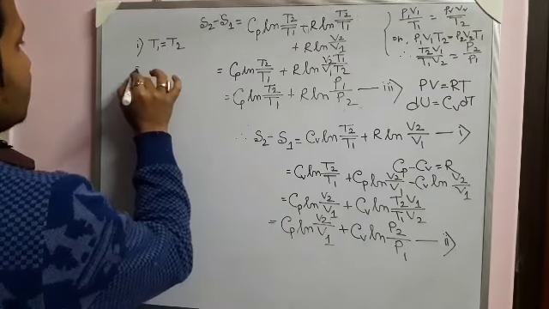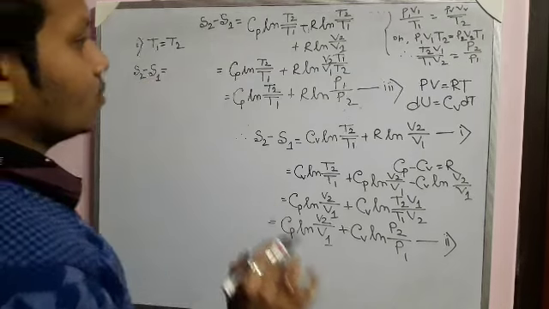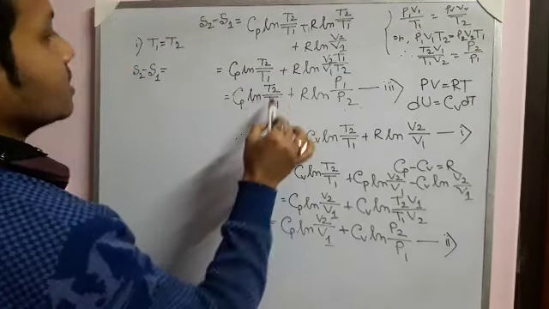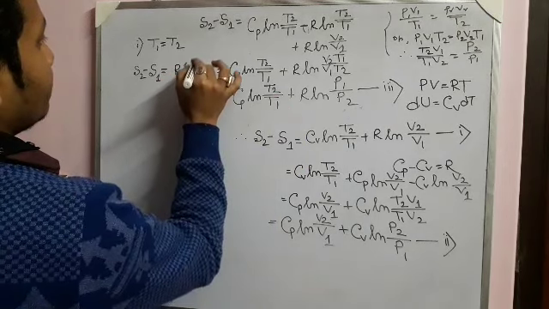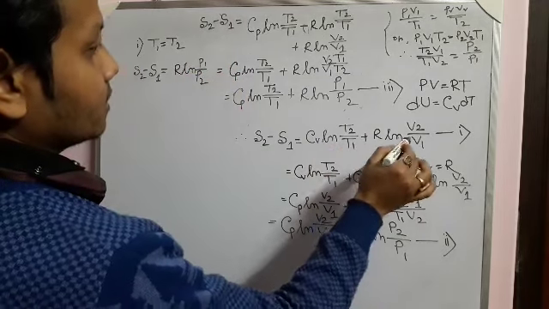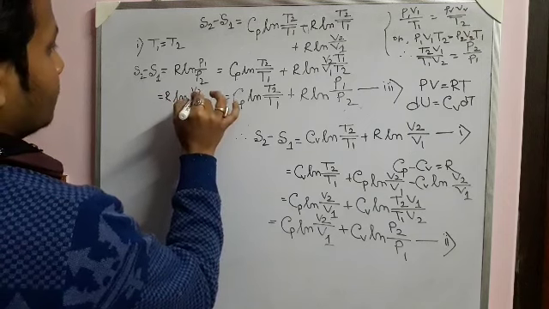So what will be my change in entropy? At first find out in which equation T is present, this. So this term becomes 0 since T1 and T2 are equal. So this is R ln P1 upon P2, and this term is 0, so R ln V2 by V1.